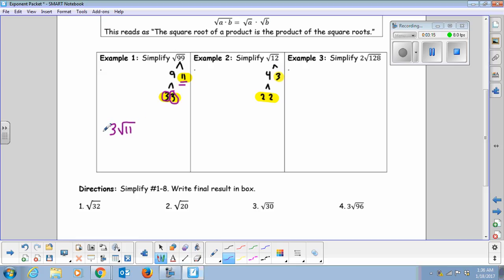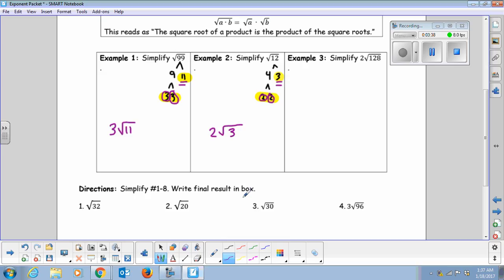Okay, so pairs come outside. All our loners stay inside. For example 2, the pair that I have is 2, so I only write that once. And then 3 is by itself, so that stays inside.